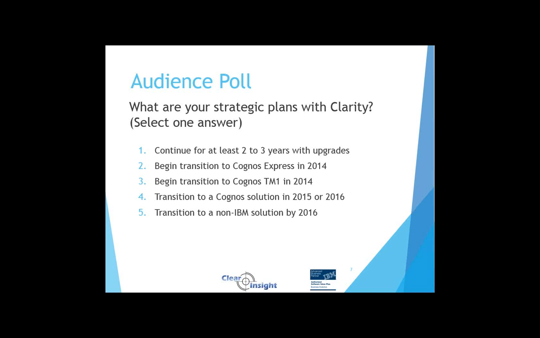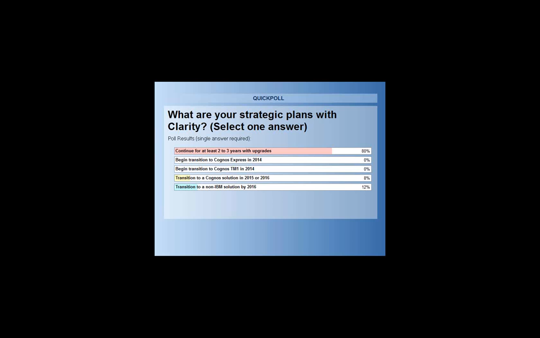And as I kind of expected, working with a number of clients who are on Clarity, especially if you're now up to version 7 and it's doing the job for you, there's a lot of value in driving as much return on your Clarity investment as you can and sticking with it for a number of years. And so that's, as we work with our Clarity clients, very much in many cases, the right decision is to stick with it unless there's other reasons why they need to move on.